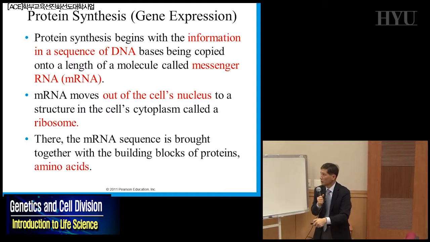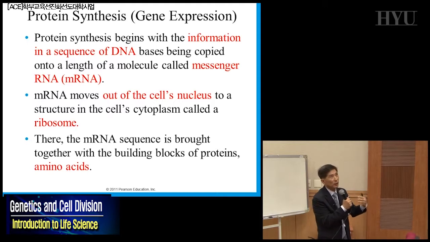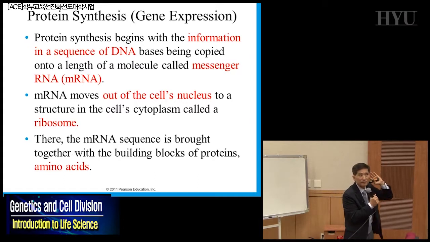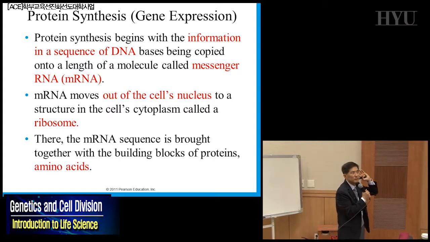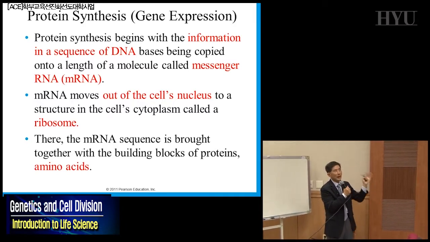So what is the language of protein? DNA language is GATC, right? What is the language of protein? RNA? No. Amino acid. Yes, they have 20 different amino acids.